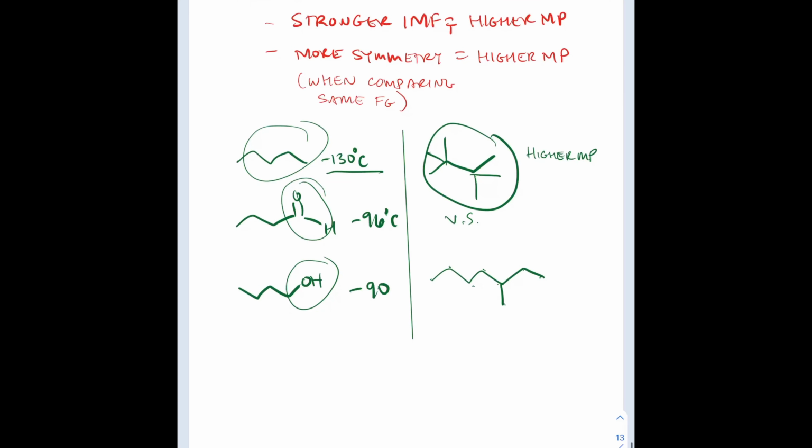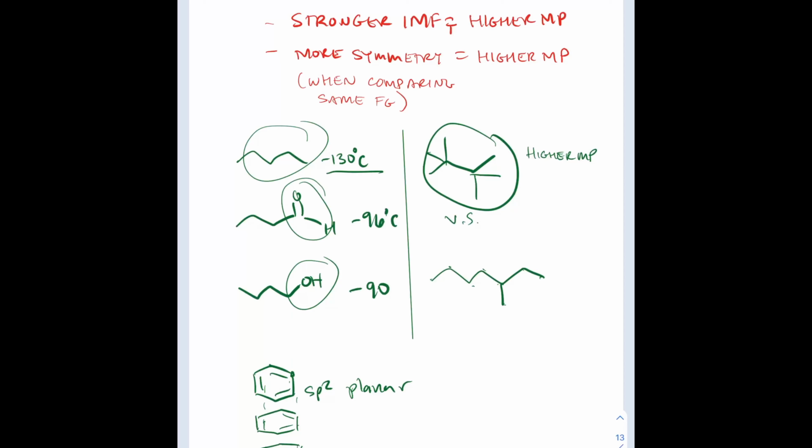And another thing about symmetry would be benzene, for example. Since all of these carbons are sp2 hybridized, benzene is actually planar. And so benzene stacks up really nicely with other benzenes, kind of just like perfectly stacked Legos, if you will.